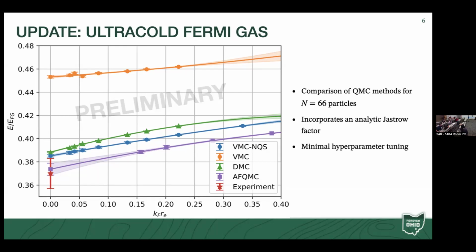Making our effective range smaller and smaller has been much easier with this analytic Jastrow factor. Basically, I just trained the largest effective range, and as I go more inward on this plot, I'm only changing this analytic Jastrow factor, and there's basically no training that needs to be done on the long range part. So it saves a lot of time.